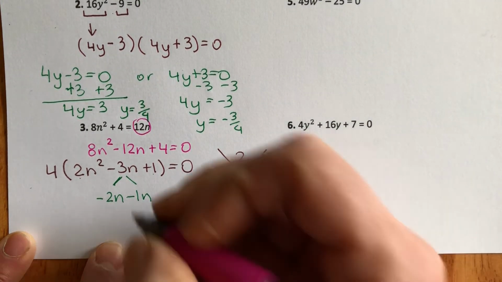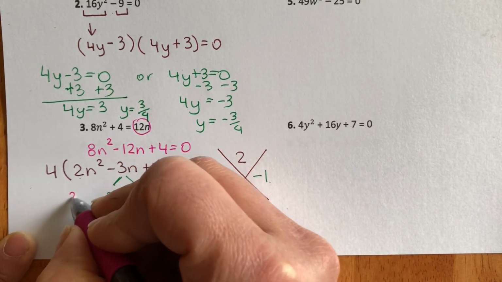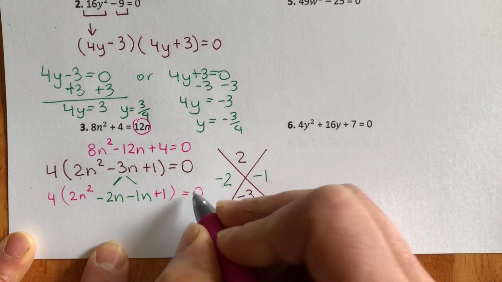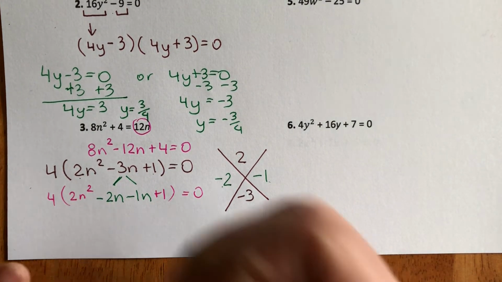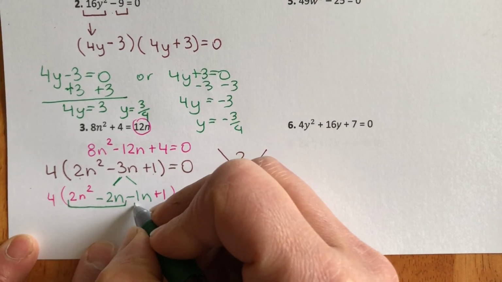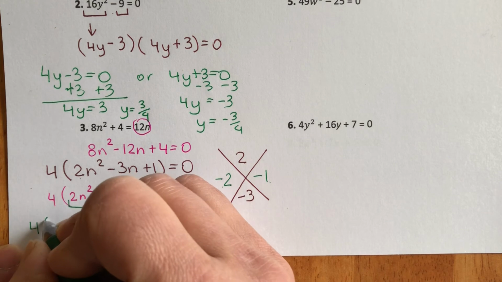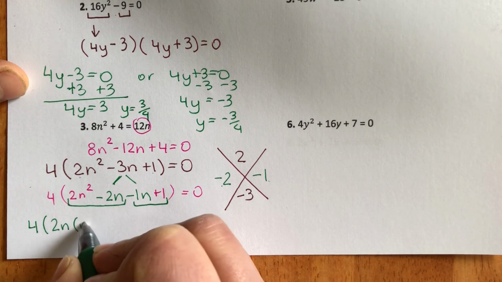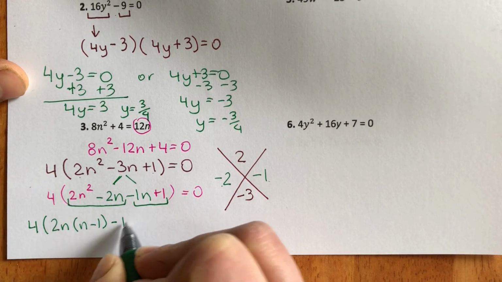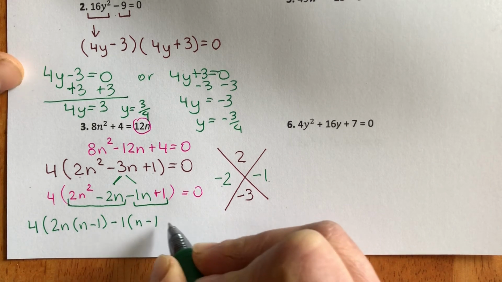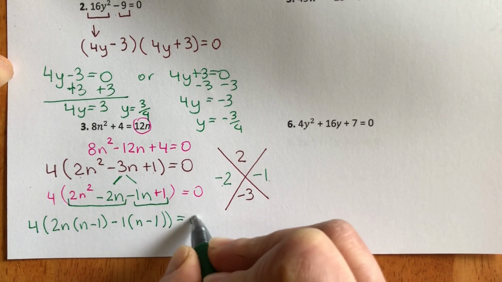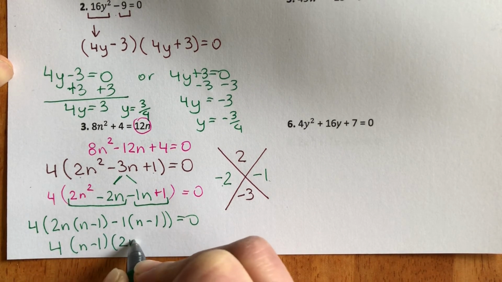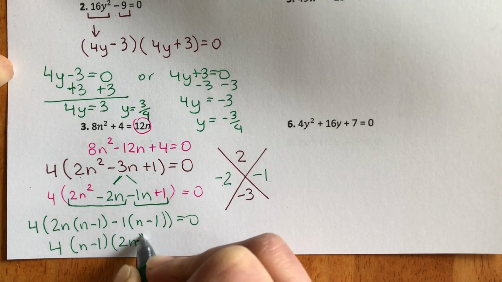I will copy down the last term and the first term. I will copy the 4 and I will copy the 0. Let's group that. We have 4 terms. We know that when we have 4 terms, we want to group. I will take 2n out, n minus 1, and I will take the negative sign out, so I will have n minus 1.